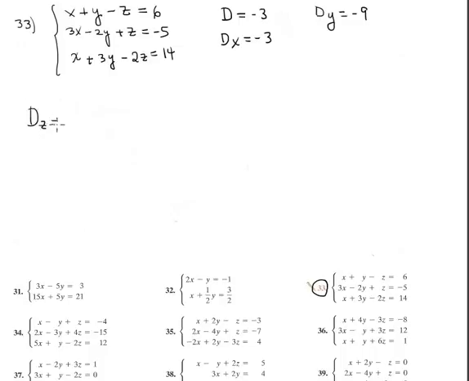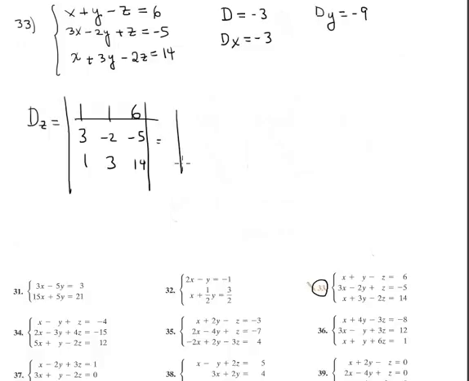Now dz is equal to 1, 3, 1, 1, minus 2, 3, 6, negative 5, and 14. It is minus 2, minus 5, 3, and 14.